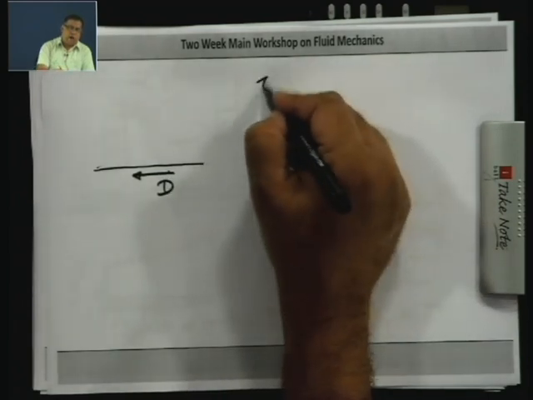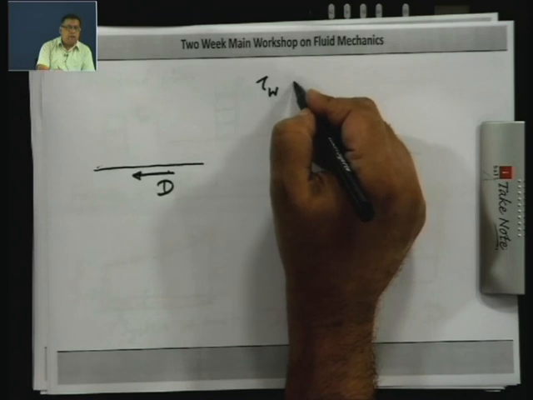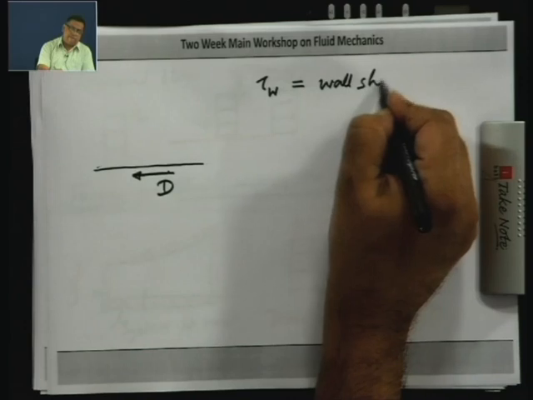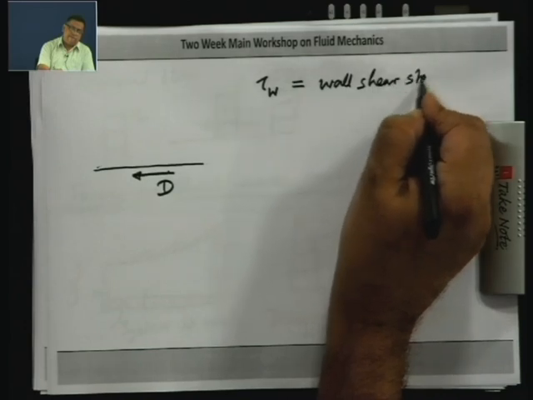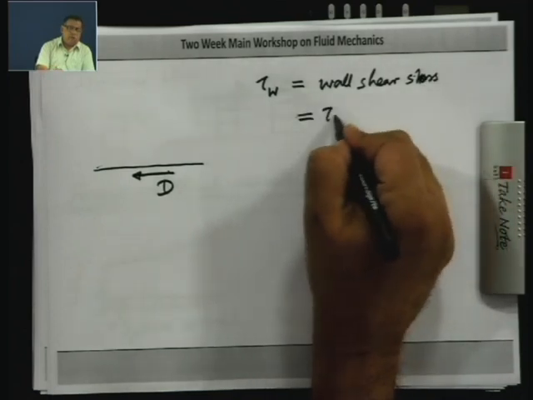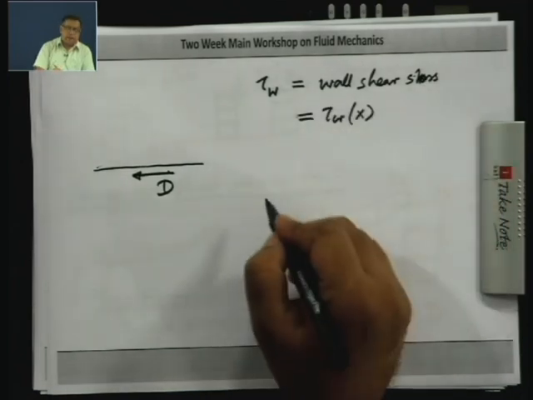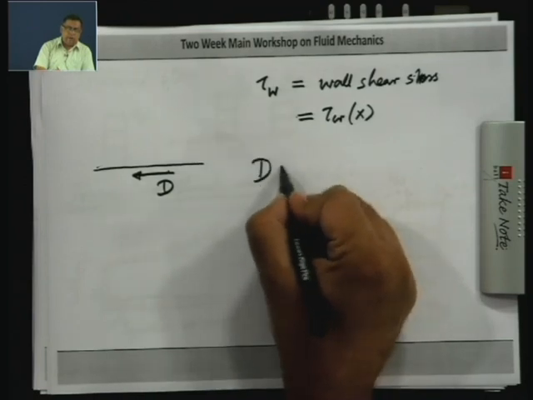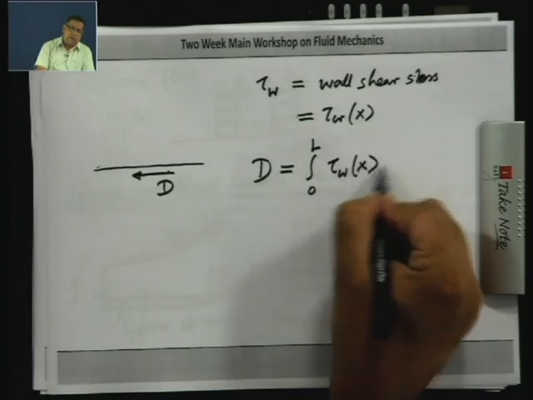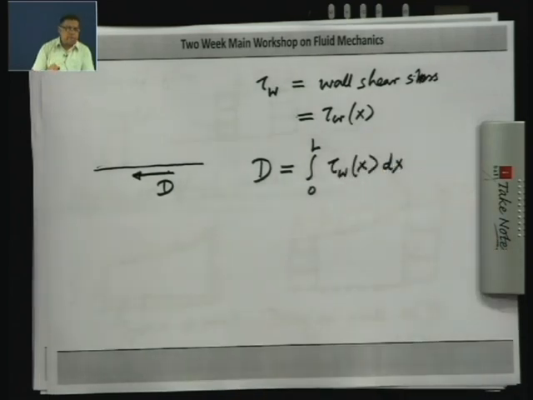So, if I say tau wall is the magnitude of the shear stress at the wall, so this will be tau wall of x, because it will vary with x. Then D you can say is integral 0 to L tau wall x dx. Now, let us look at the other forces.